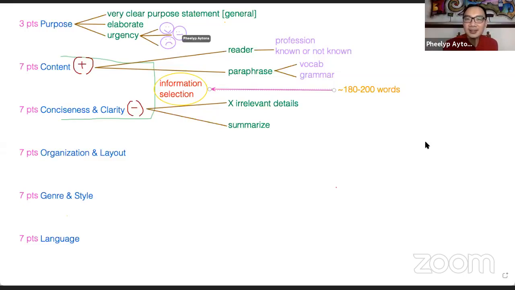Anything else? Questions are good. Ay, wait, meron palang Facebook. Oops.